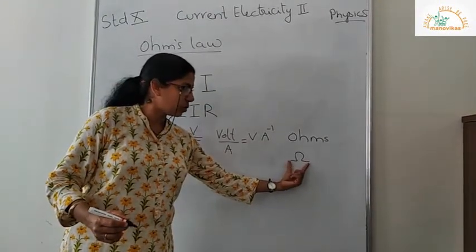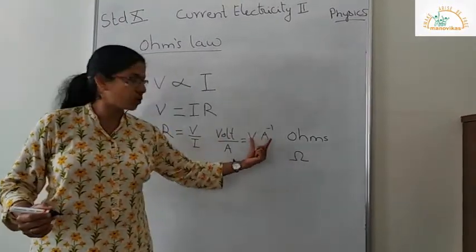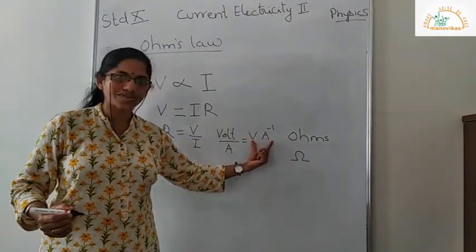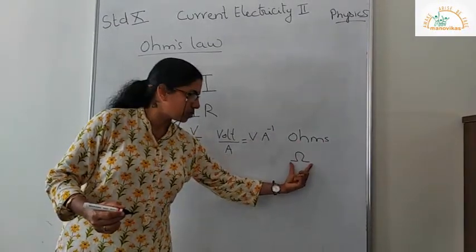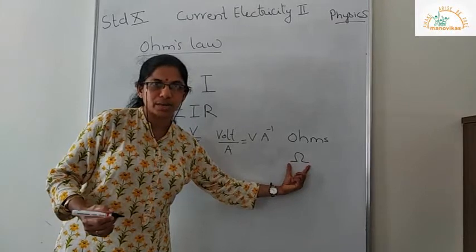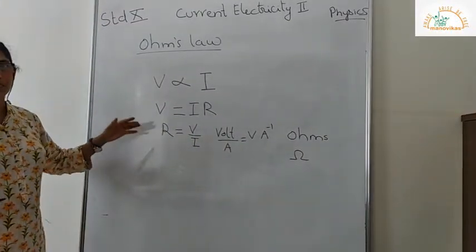This is the unit of resistance. We don't write it as volts per amp. Instead, we write it as ohms using this symbol. So, this was about Ohm's law.